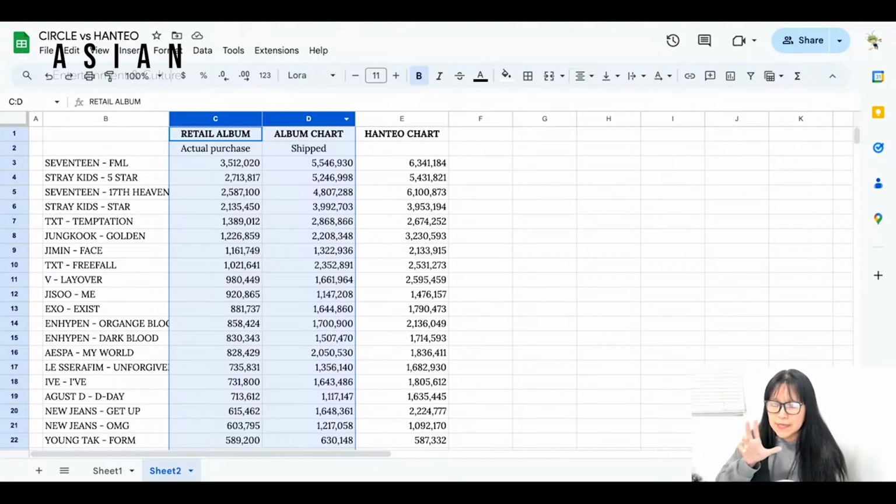By the way, this is connected to what you're asking. They will only count the sale of an album from their official distributors, from their partners. If you are not a partner and you are selling the album, you're not going to get counted.